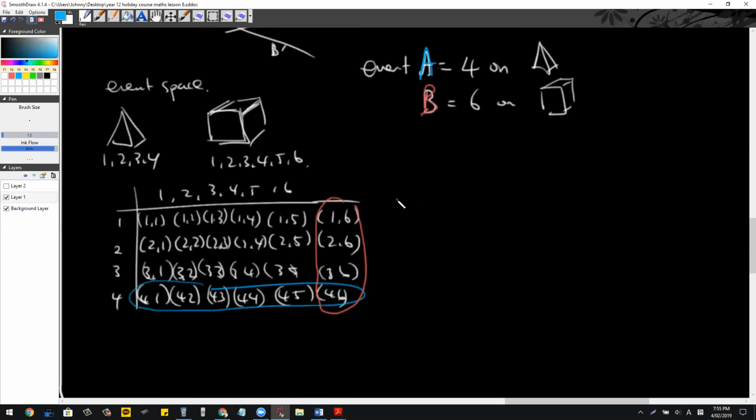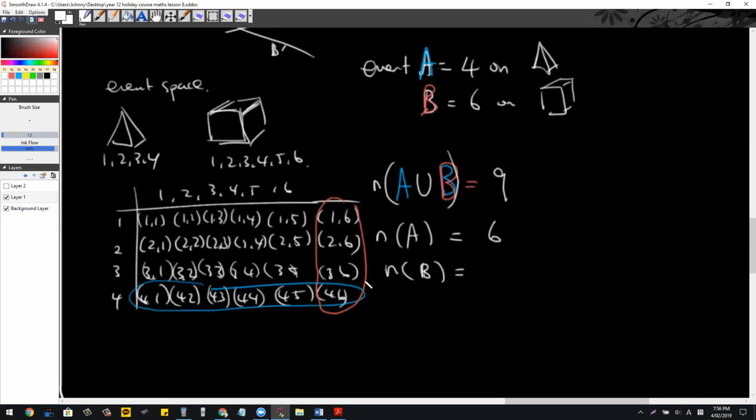So the event A or B is the number of that, I think it's how much? 15, is it right? No, 1, 2, 3, 4, 5, 6, 7, 8, 9. So that's actually 9. Number of events for A is 6, and number of events for B is 4.